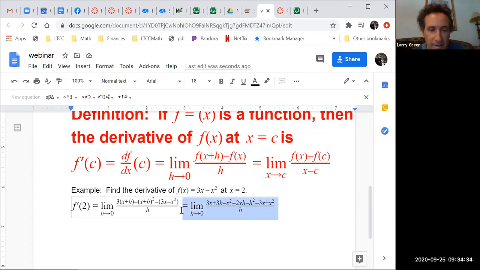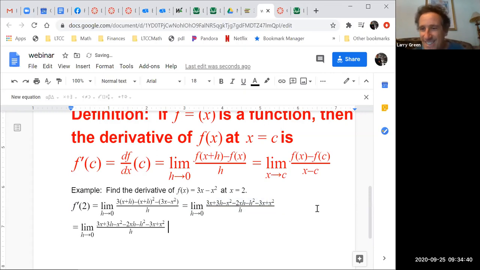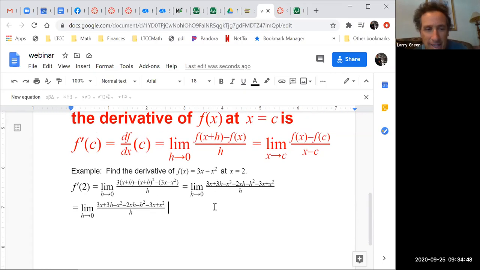Okay, so now we can do some more simplifying. Now we'll simplify. Okay, if you look at what I just wrote, I don't think that's simpler than what we had before, but it's helpful. Now we can actually simplify. So what goes away? The 3x and minus 3x.